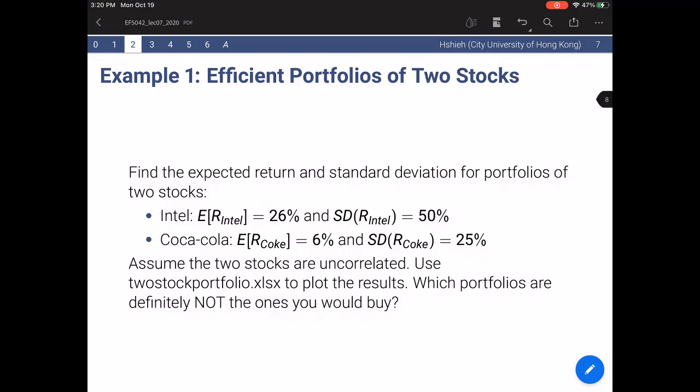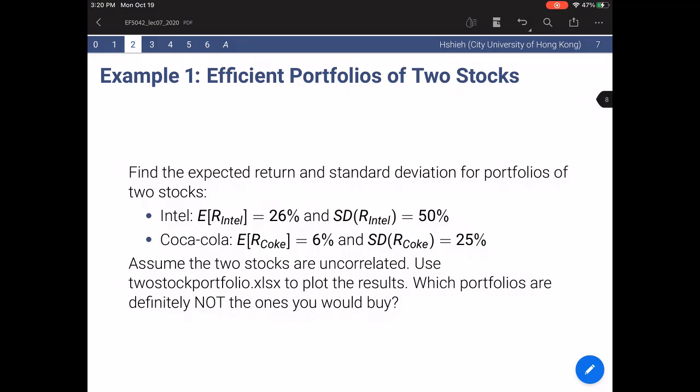All right, so this slide asks you to find the expected return and standard deviation for portfolios of 2 stocks. I already gave you what I have, which is what you will find in the Excel sheet. Now assume that you're going to build a portfolio of just these 2 stocks, and we're assuming that the 2 stocks are uncorrelated, so the correlation coefficient rho is equal to 0.